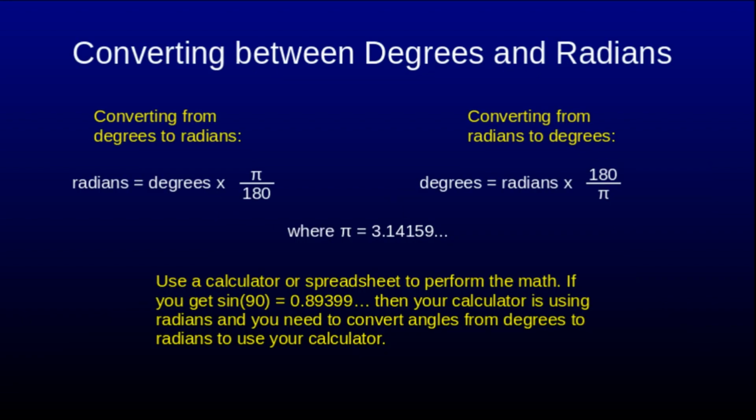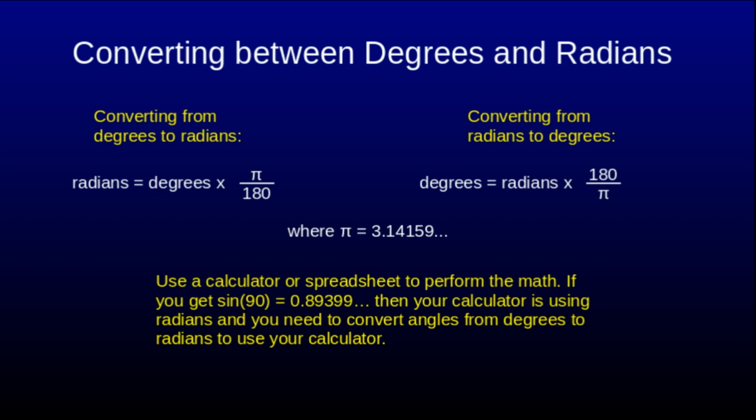Just a word of caution. You may have to convert between degrees and radians. So when using a calculator or a spreadsheet to perform the math, try this. Type into your calculator or spreadsheet the sine of 90. The answer should be 1 if it is 90 degrees.